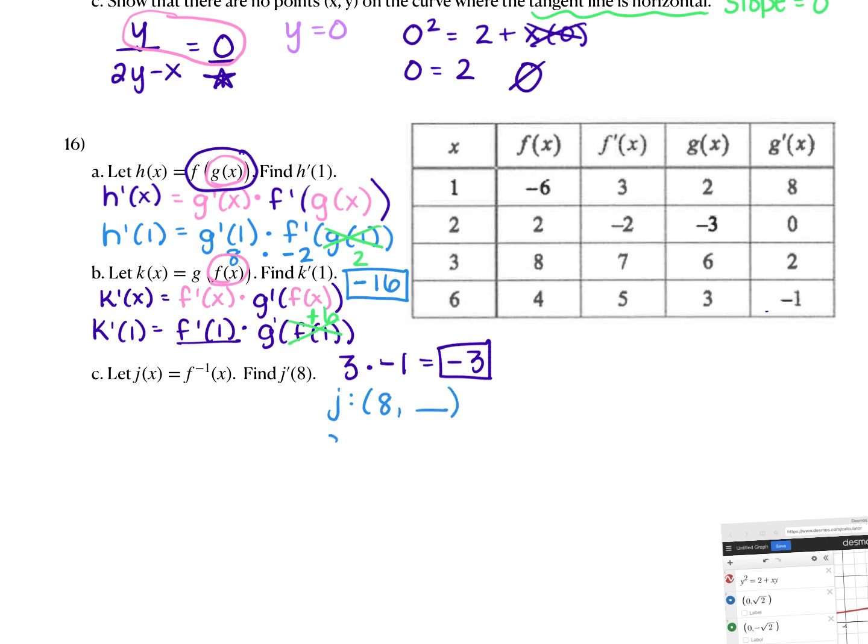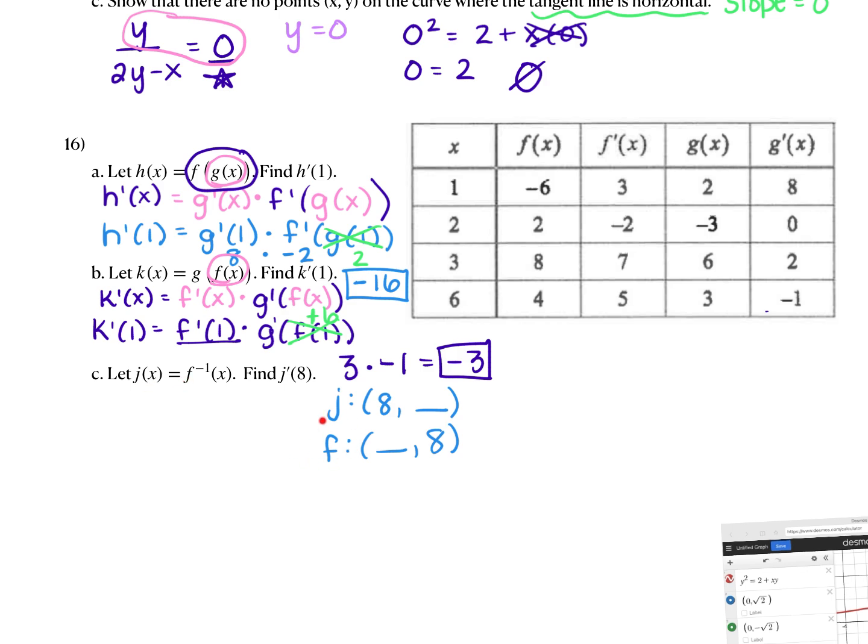And if j and f are inverses of each other, then f must have the coordinate something comma 8. Those 2 points correspond with each other as inverses. And so there's a relationship between their derivatives that we'll get to in a minute. But the problem is, I don't know anything about j. I only know about f.